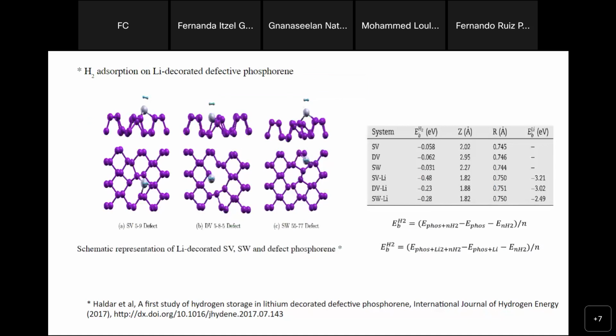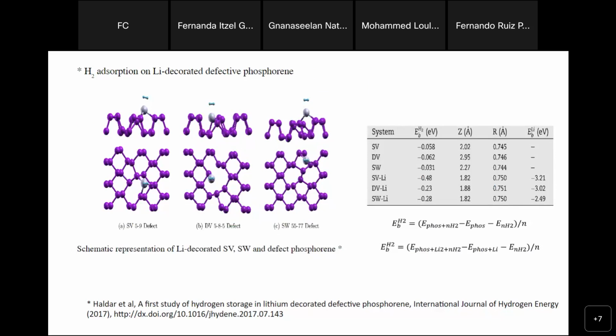For the decoration of the system, we place the lithium atoms in the defect, and the hydrogen molecule is adsorbed on the lithium atom. From the DFT calculations, we obtain the following results for the binding energies.